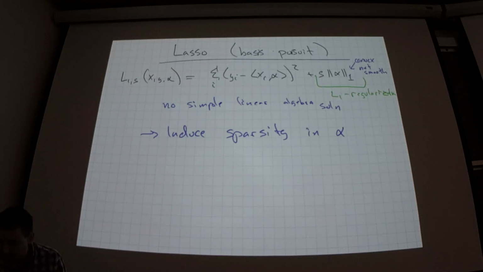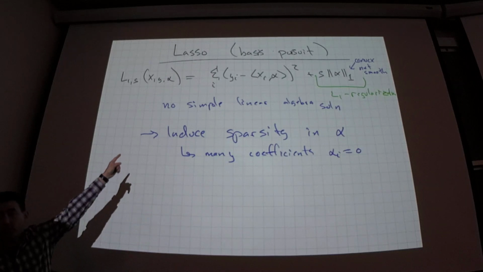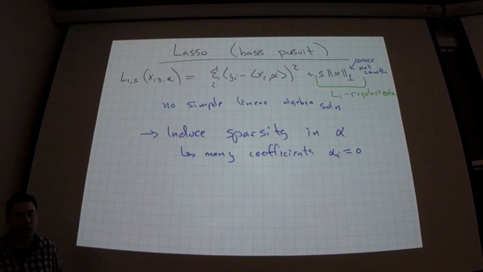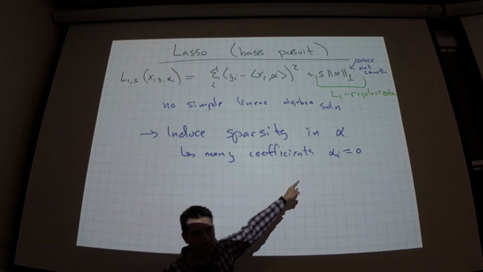This means it's going to set many of the coefficients alpha_i to be exactly equal to 0. Solving for this with any reasonable s value, the optimal solution that I find, and there are algorithms to find them, which we'll discuss, will have a lot of the coefficients be exactly 0.